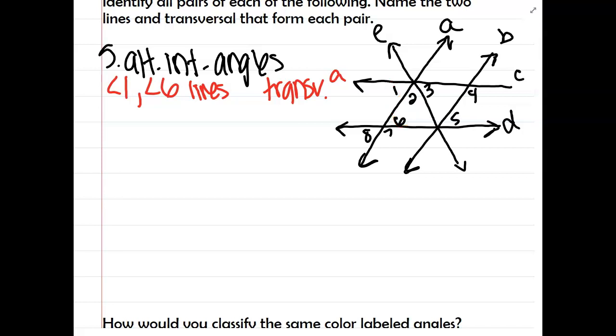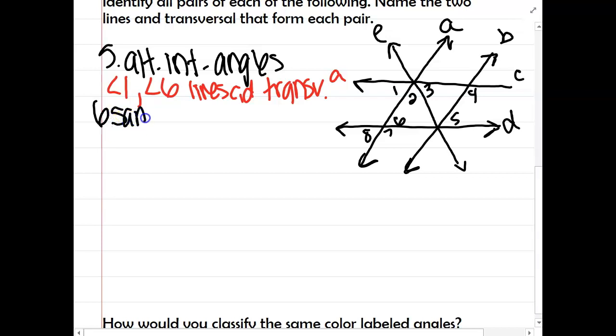C and D. Very good. Lines C and D. And there are other alternate interior angles here, they're just not labeled, like angle 5, and then that angle is not labeled. So those are actually the only sets of angles I can identify because those are the only ones that are labeled.